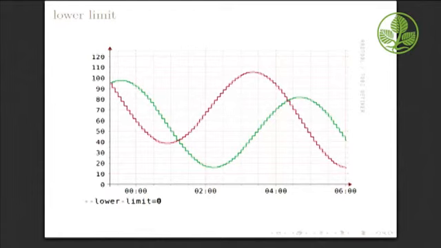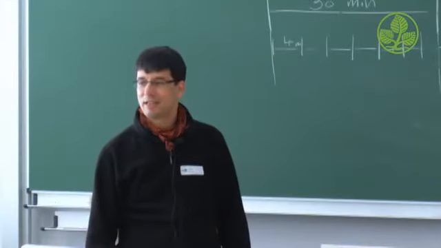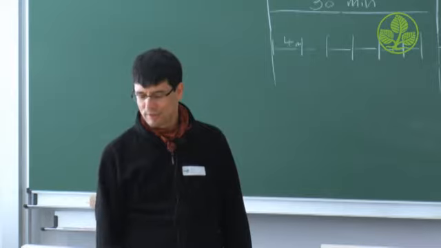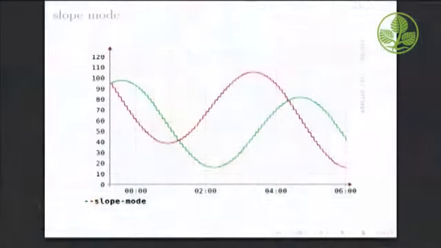That happens automatically. If you're not so happy with those staircase lines, there's an option called slope mode, which causes the staircases to be sort of filed off a little. Still staircases, but they look a little nicer.